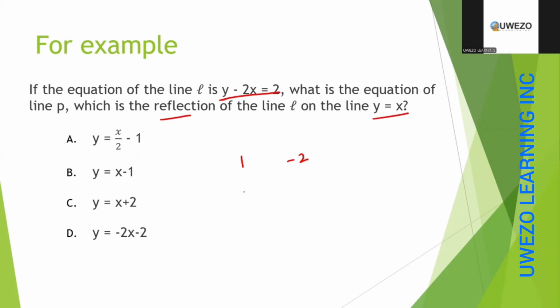Now, it will be the same equation in the same form, y, x, and the constant. But now, negative 2 would be the coefficient of y and 1 would be the coefficient of x. So, the reflected line would be negative 2y plus x equal to 2. So we got the answer, but still we need to look for a match in the options.